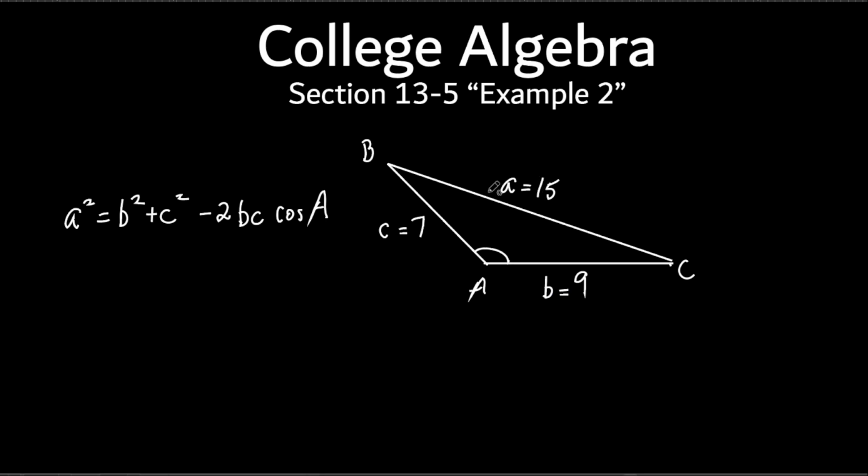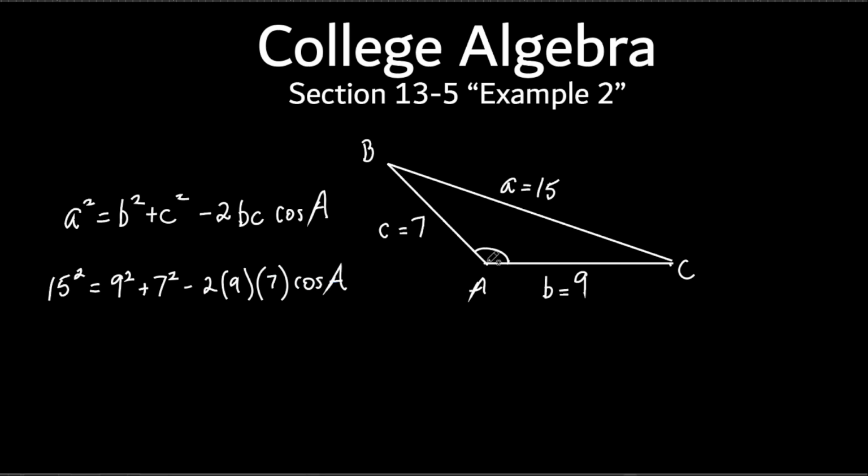Really, the only one that's important to know is the A, right? Because the B and the C, it doesn't matter which one's which, but the A definitely matters that it's the 15. So what am I going to do? Plug and chug, right? 15 squared equals 9 squared, plus 7 squared, minus 2 times 9 times 7 times the cosine of what?